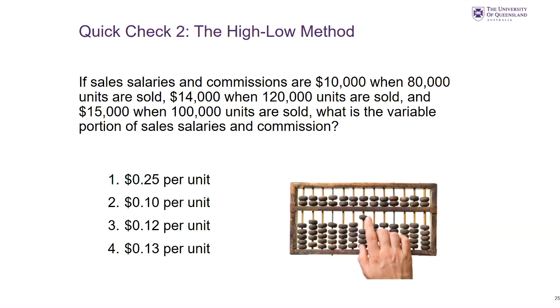We can either use the highest or the lowest and transpose those in. So if we're using the highest, we know the total cost is 14,000. And we know that x for 14,000 is 120,000. So if we solve that, we know that A equals 2,000. Does that make sense? Cool.